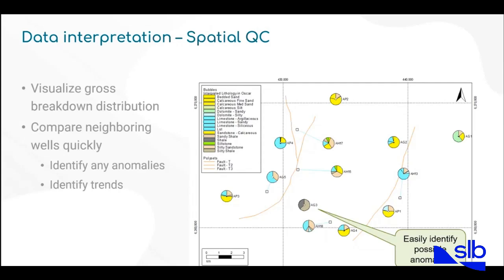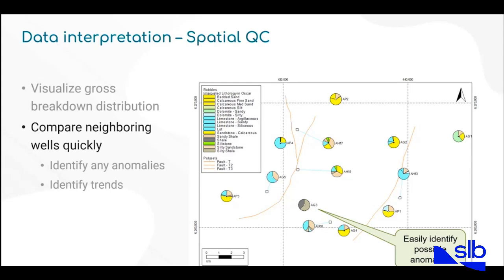When it comes to zonal analysis, like I say, we're trying to visualize and identify potential anomalies. We're trying to identify where you might need to go and take another look at your interpretation. So we can get that gross breakdown, right? I've already talked about this in a previous slide, but just to be able to highlight very quickly what's happening in that well that's not fitting in with any of the trends that I expected to see.